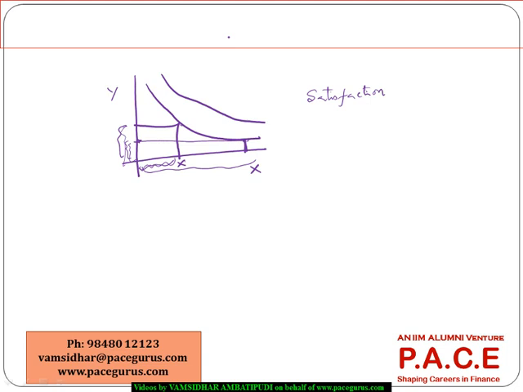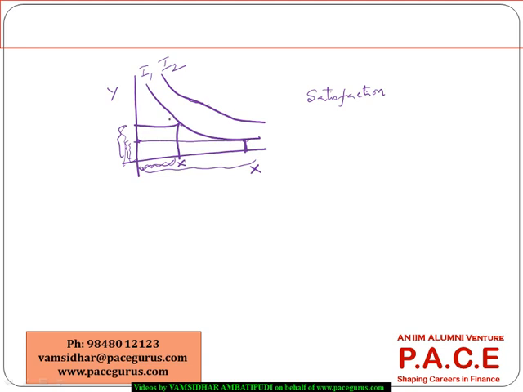The consumer can pick any combination on one indifference curve. So if these indifference curves are I1 and I2, the consumer can choose any combination of goods X and Y because he derives similar levels of satisfaction from both of them. So he can very well rank the different bundles. Probably for him, these are giving more satisfaction compared to this.